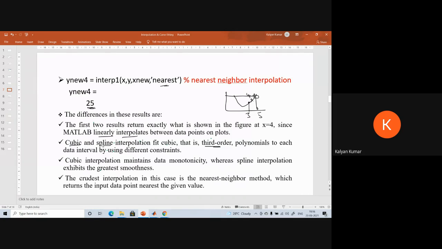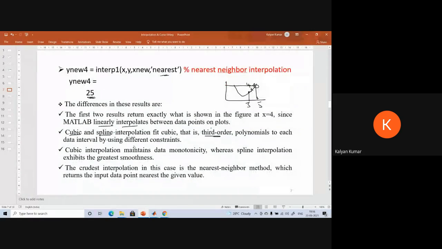But in the two cases, it's going to take the constants as different values. Now, the cubic interpolation is going to maintain the data monotonicity, whereas the spline interpolation will exhibit the greatest smoothness. So, spline will try to smoothen the curve as much as possible.